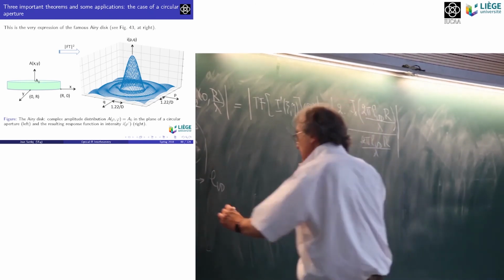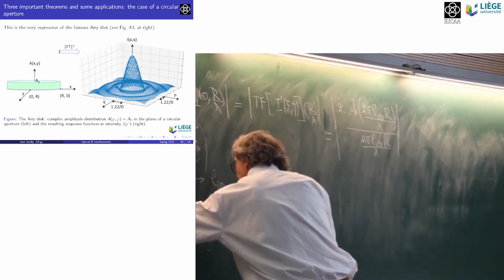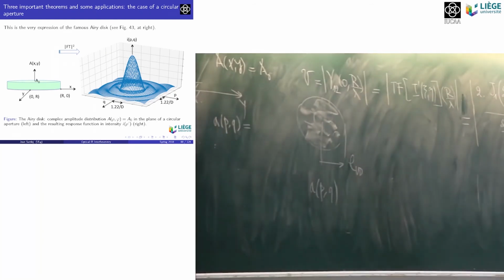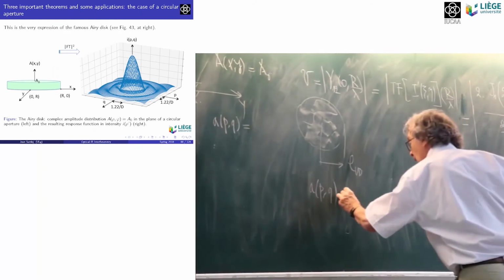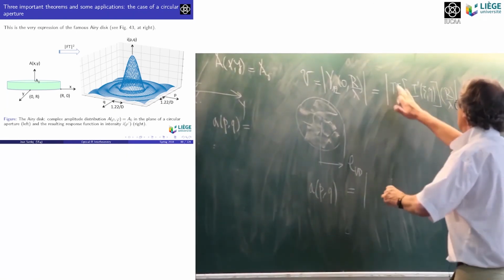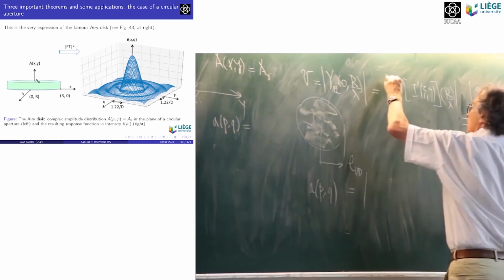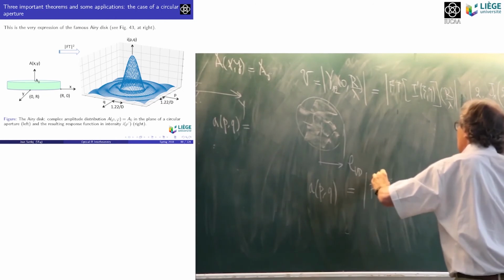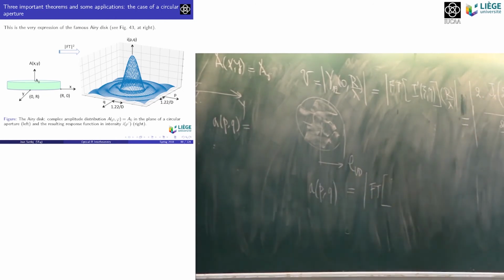Now the problem we should solve now is to find the distribution of the complex amplitude in the focal plane. And we know that it is equal to the module of the Fourier transform of the distribution of the complex amplitude in the pupil plane.